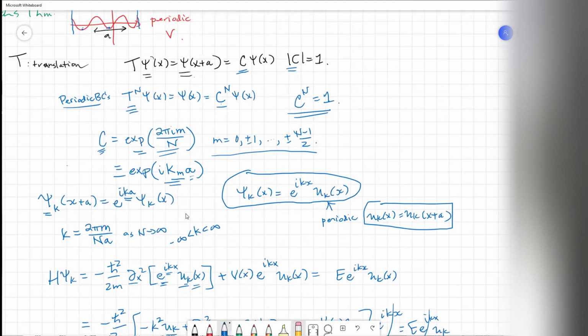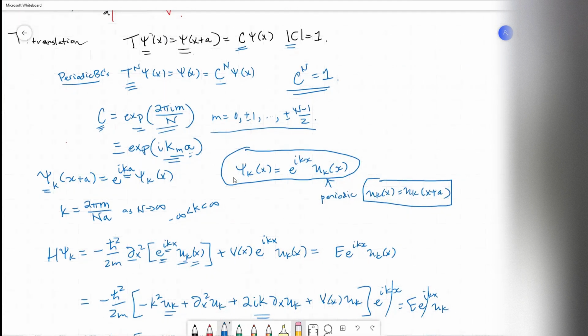They're labeled by a k, which as you make the periodic box bigger and bigger takes on any value from negative infinity to infinity. And it has this phase out front, e to the ikx, multiplied by a pure periodic function. It's periodic in the potential, right?